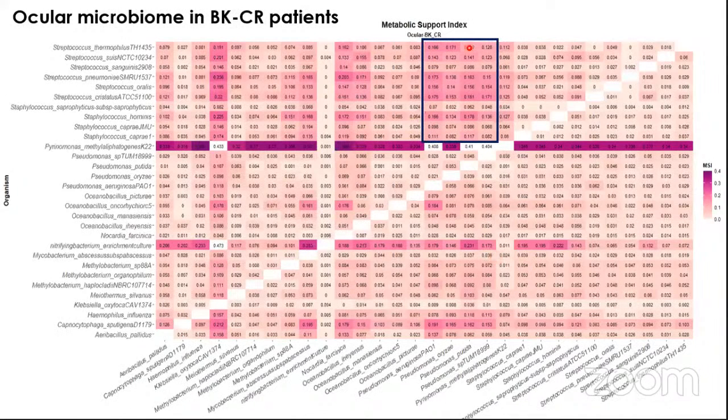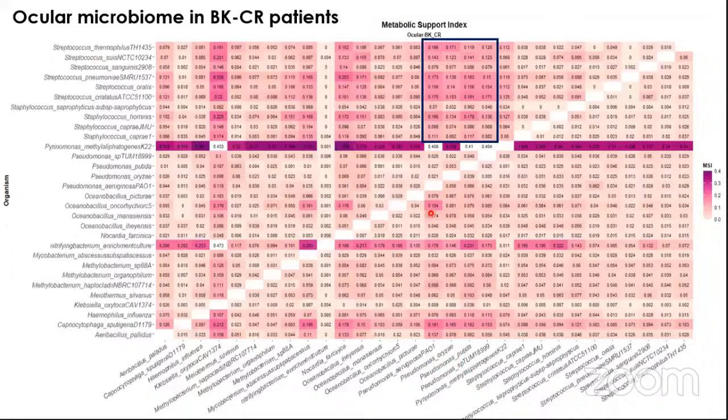So we can see this cluster here. So what does this cluster tell us? How much these microbes benefit by the presence of the microbes present in the bottom.